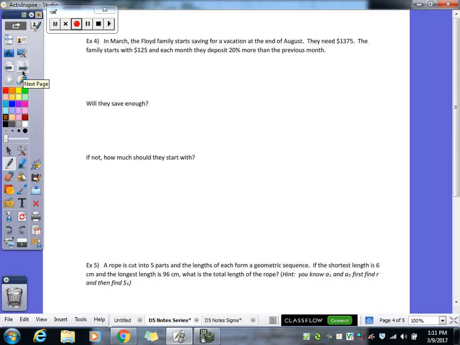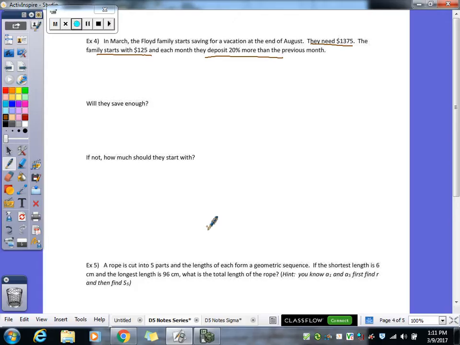So example number 4. In March, the Floyd family starts saving for a vacation at the end of August. They need $1,375. The family starts with $125 each month, and then they add another 20% to their deposit each month.